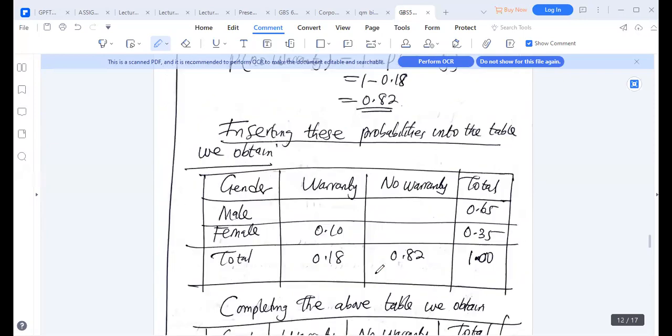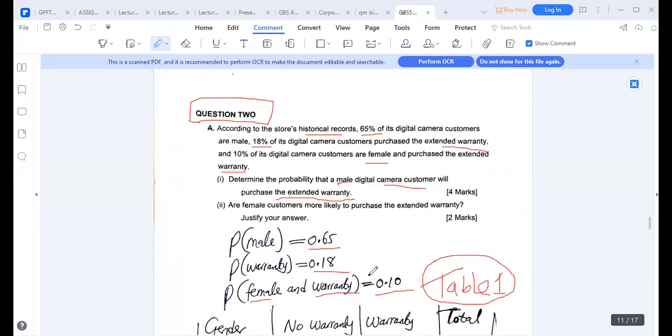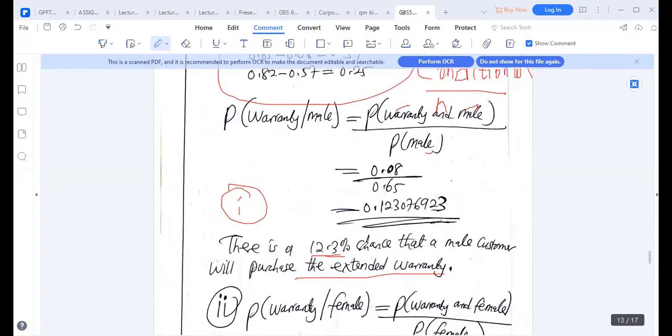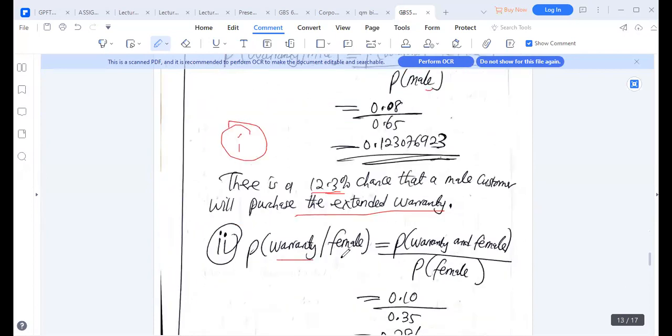Then the second one says, are female customers more likely to purchase the extended warranty? So let us first find the other probability, warranty given female.